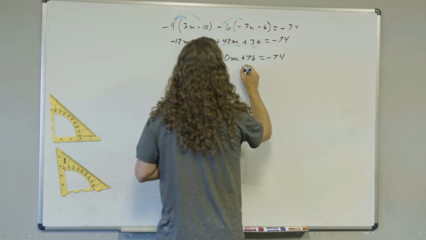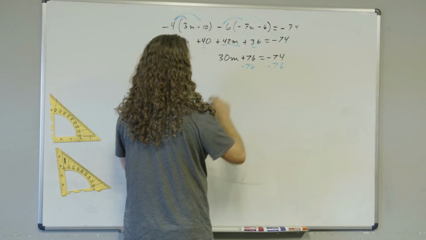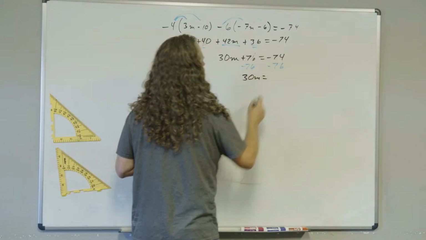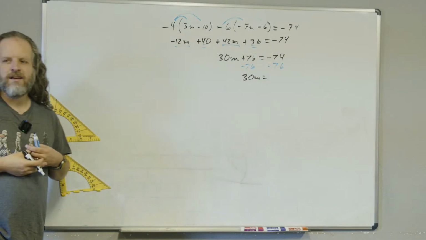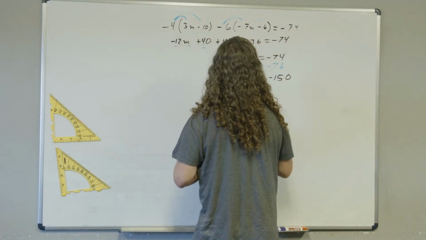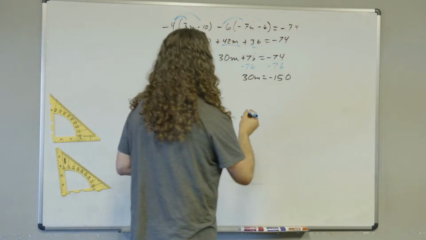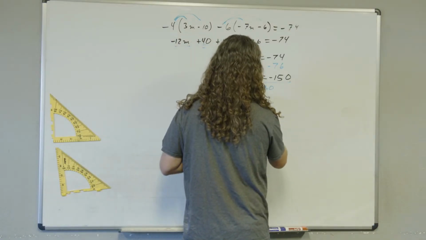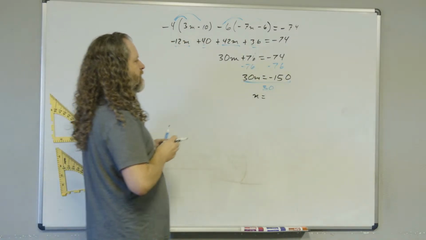I agree. What is -74 plus -76? -150. And then what? Divide the 30. So m equals what? -50.